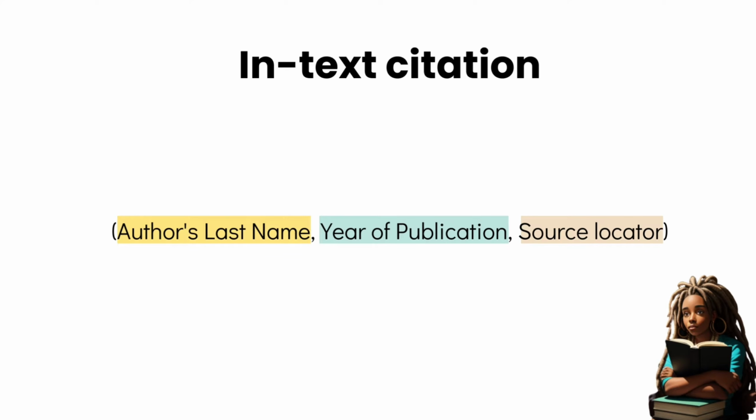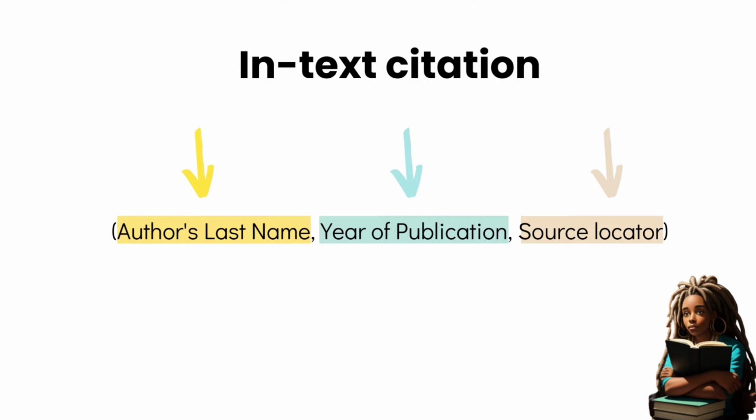In this part 1 video, we're going to focus on in-text citation. In academia, as you write your paper adding words, statements, and ideas that you read or heard somewhere else, you must add little name tags to that information to make it clear that you have borrowed it. This name tag should tell the reader who is the person whose idea or words you are using, when these words were said or the idea shared, and where in the source it was said or shared.